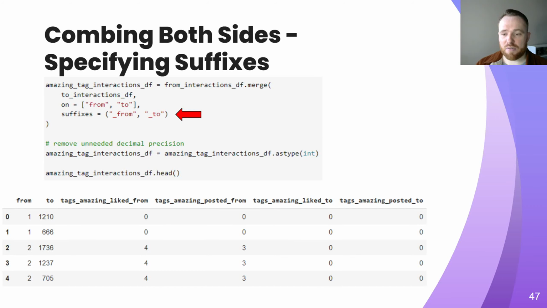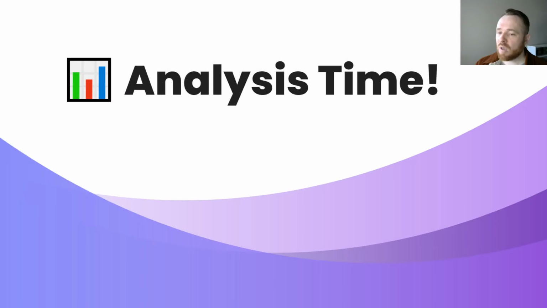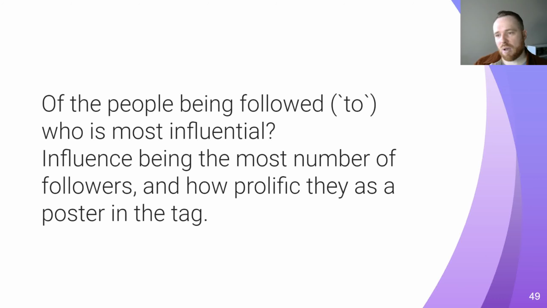So now that we have this data frame that tells us about the relationships between two people and their interactions on a particular hashtag, we can start doing some analysis. A question that we might be looking at here is, of the people being followed, who is the most influential? Influence being the most followers and how prolific they are as a poster in the tag.